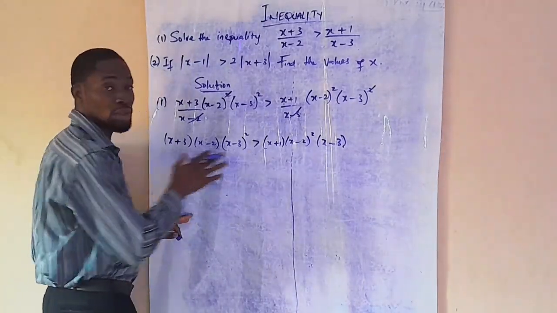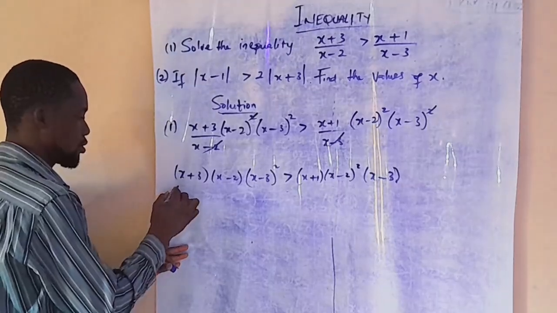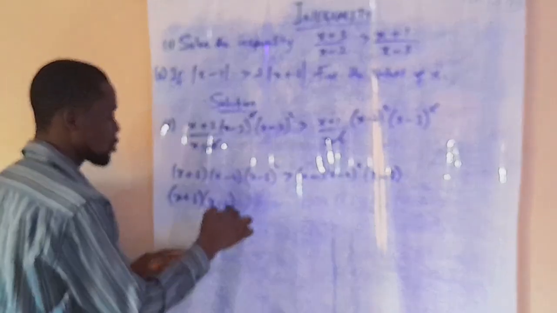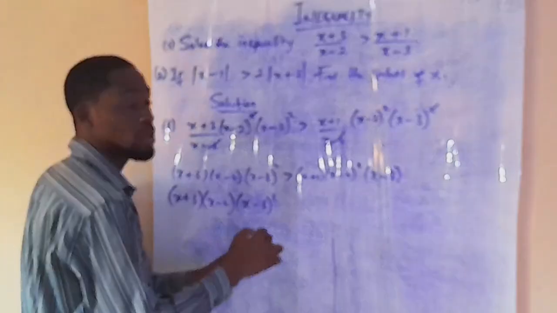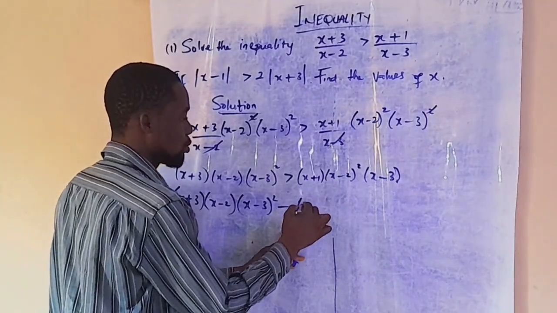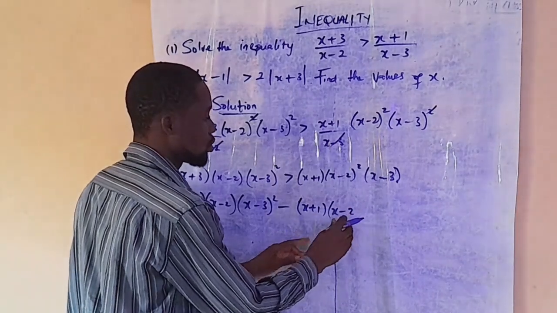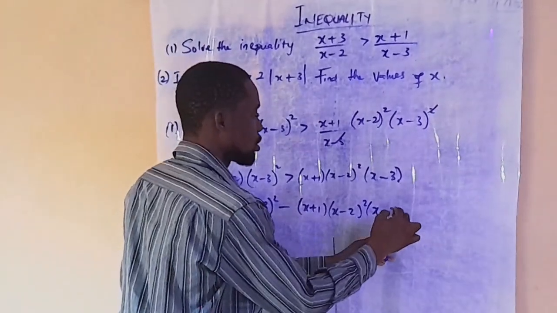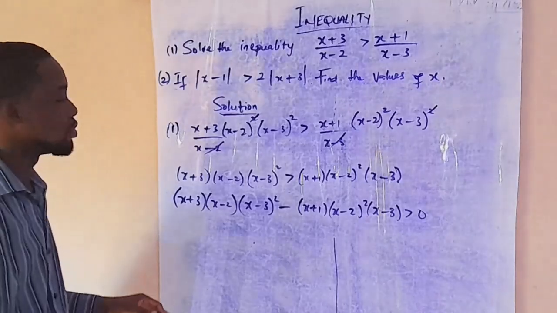So from here, let's bring all this to the left hand side. To have (x + 3)(x - 2)(x - 3) all squared, minus, in brackets, (x + 1)(x - 2) all squared (x - 3), greater than 0.